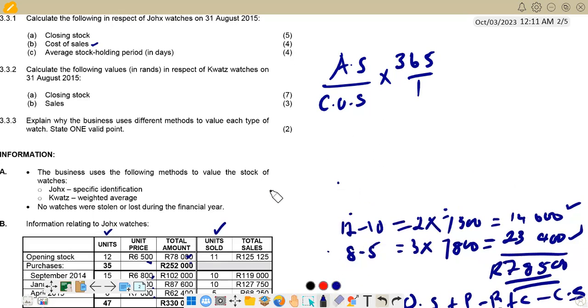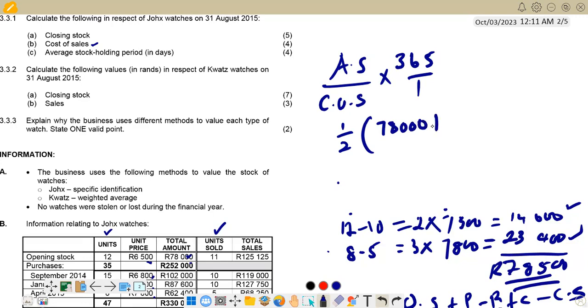Right, our average stock, we say average stock is opening stock plus closing stock divided by 2. So we are going to say half is our numerator, and then our opening stock is here, which is 78,000. So we're going to say 78 here.